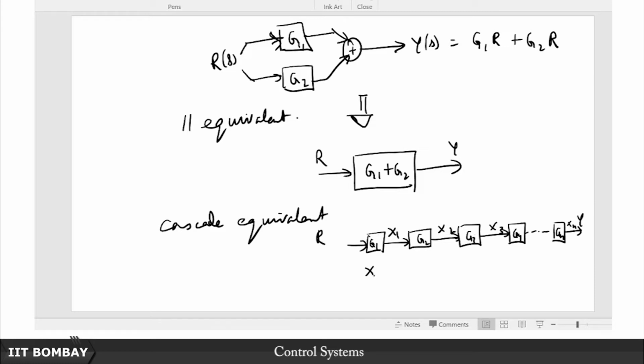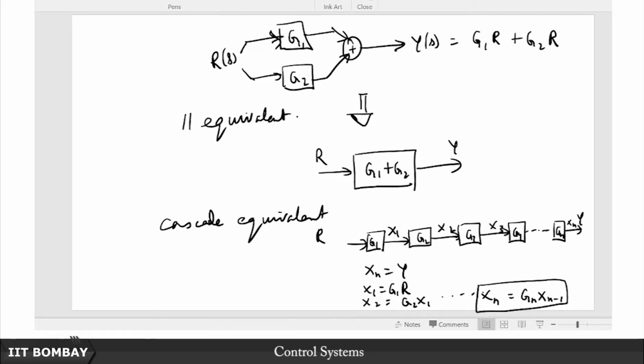So what you have then is xn is equal to y, yeah, and x1 is equal to g1r, right. What is x2? x2 is equal to g2 x1, right. So you proceed on like this till you get xn is equal to gn xn minus 1. So notice that xn is equal to gn xn minus 1 and that is also equal to y, yeah.